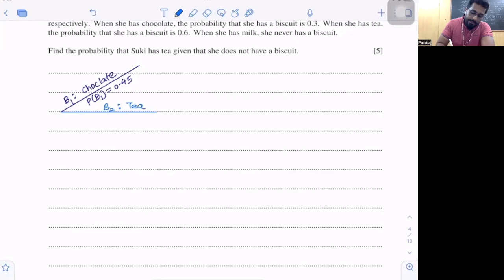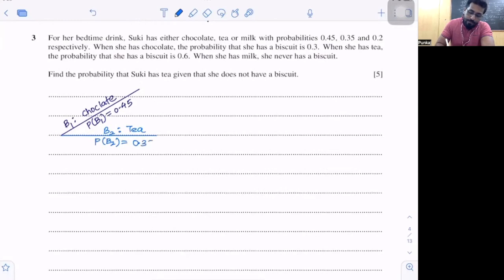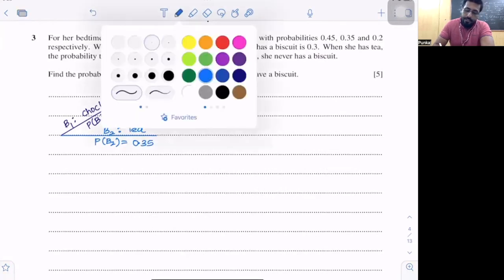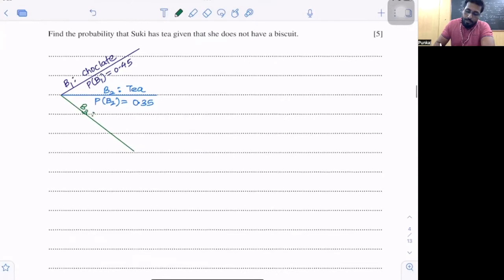Suki takes tea. What's the probability of B2? That's 0.35, right? And then we take the third event. So here it is, I'm going to take it as B3. She takes what? Milk, right? Suki takes milk. What's the probability of having milk? It's 0.2.